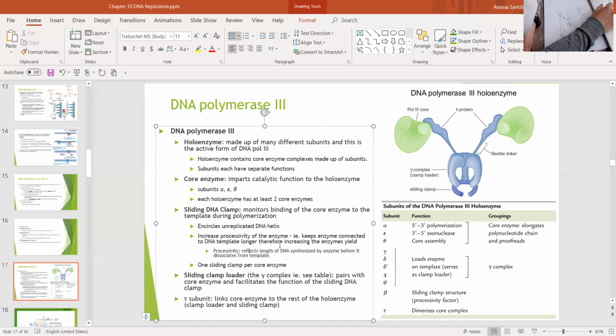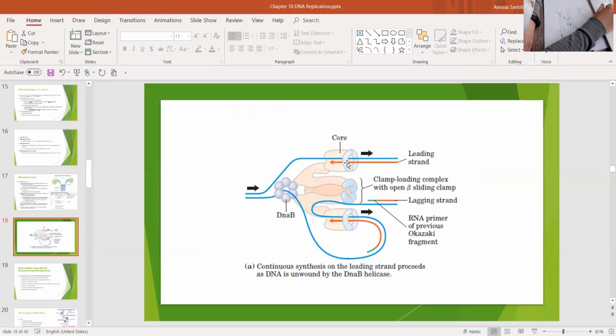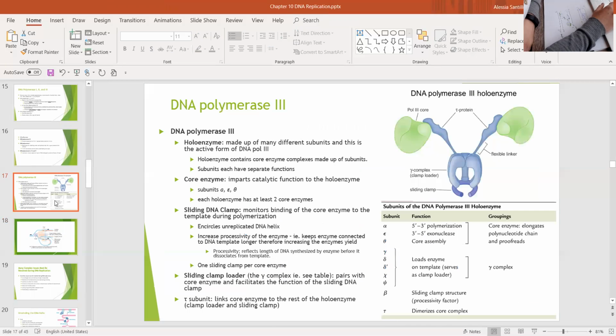So the processivity is possible because of the sliding clamp, right? So I don't know if I have a picture right here. Yeah, you can see the sliding clamp, which is this donut-shaped thing, how it goes and surrounds this blue DNA template, kind of tethering the DNA polymerase 3 to its template DNA.